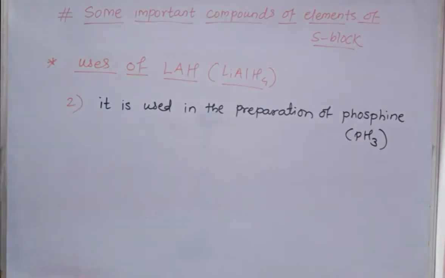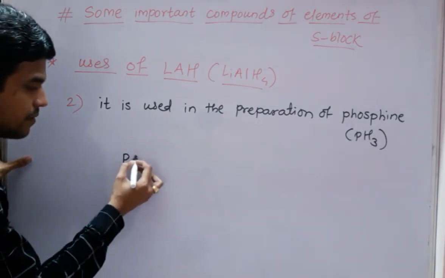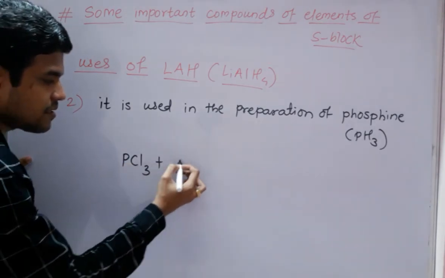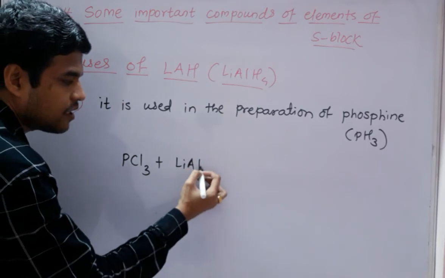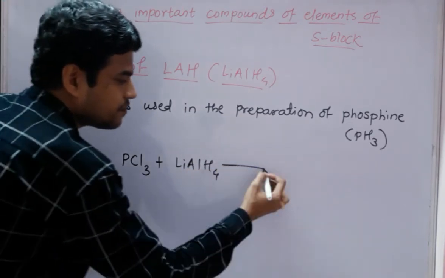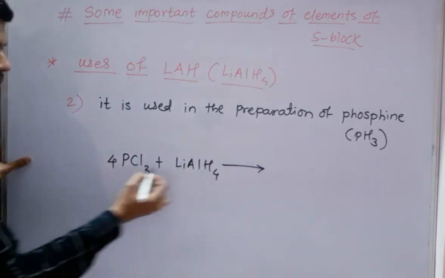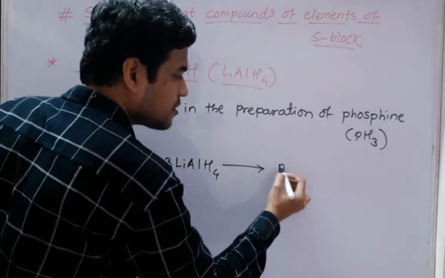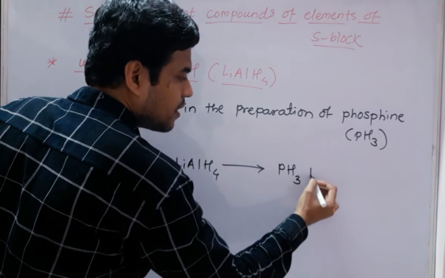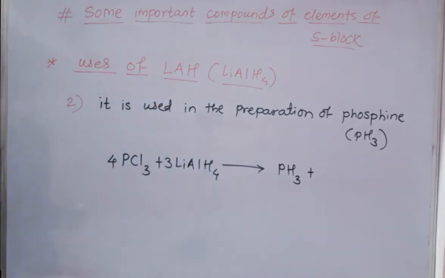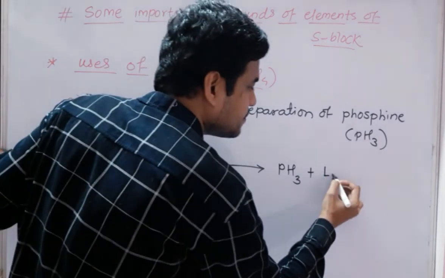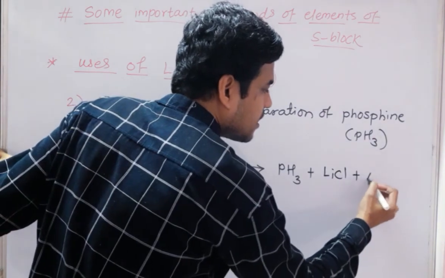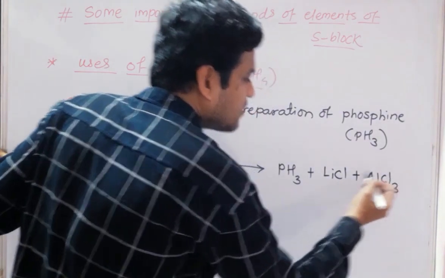It is prepared by the reaction between, now see here, PCl3 plus LiAlH4. 4PCl3, 3LiAlH4. It gives us PH3 plus LiCl plus AlCl3. Now balance the reaction.